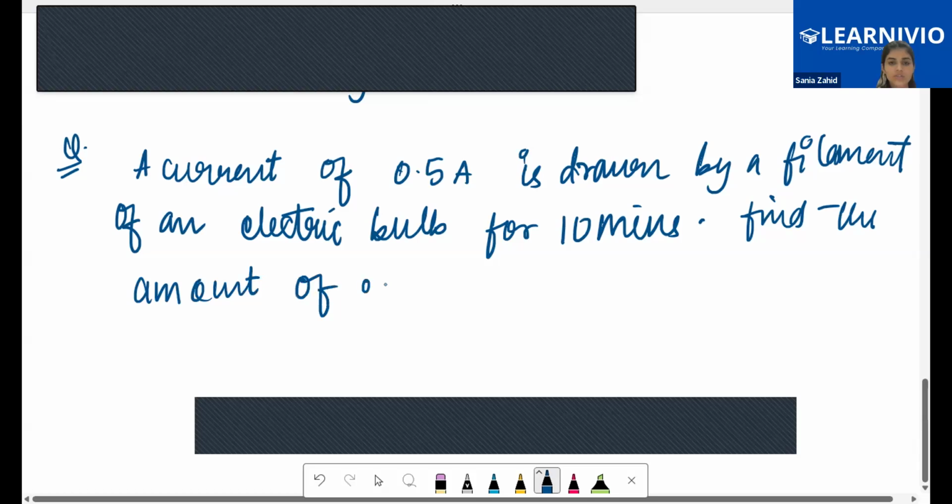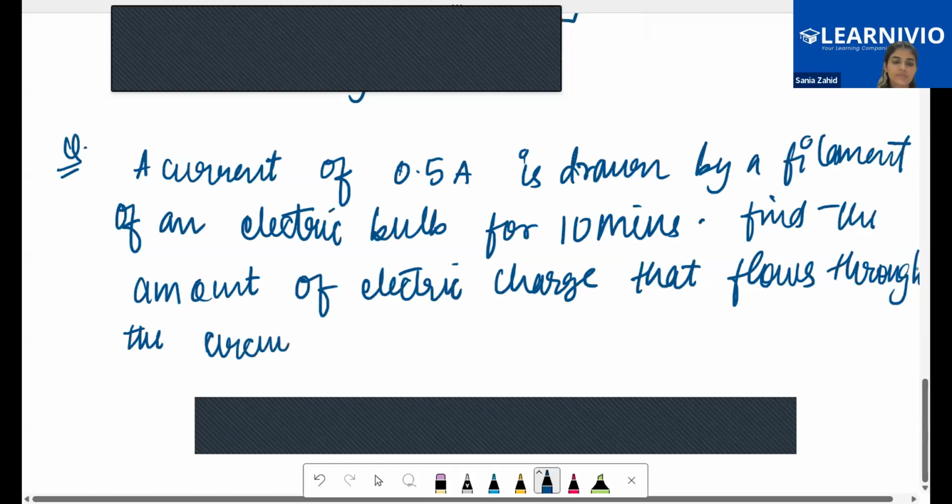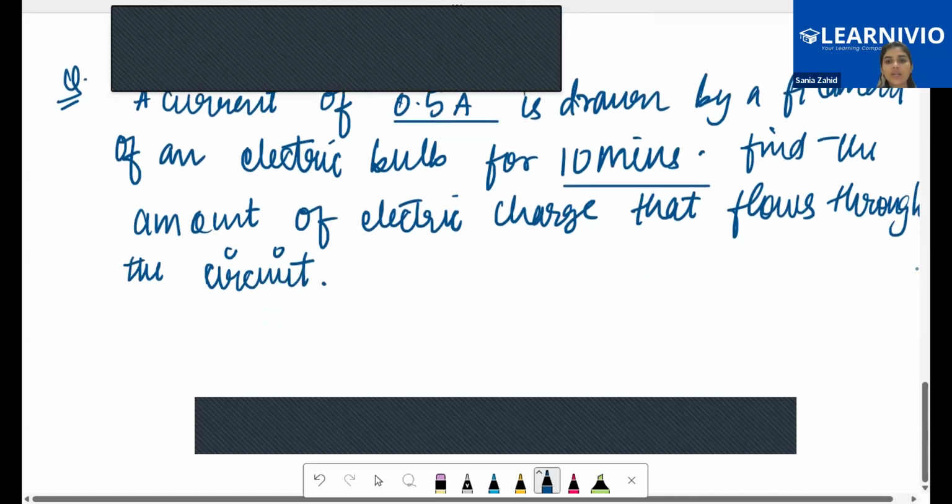Find the amount of electric charge that flows through the circuit. Okay, there is a current of 0.5 ampere being drawn by a filament and the time is given to you. So current is given, time is given. You have to find the electric charge.